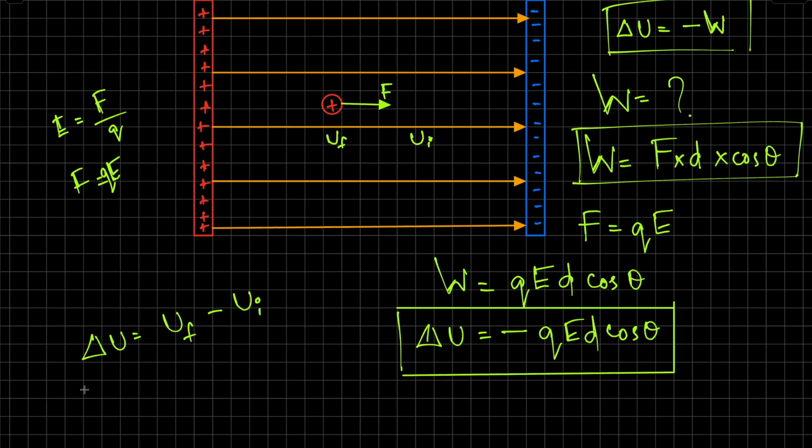The difference, Uf minus Ui, is delta U. How can you calculate it? Negative of this charge q, electric field E, the distance you have moved, times the cosine of the angle between electric field and displacement.